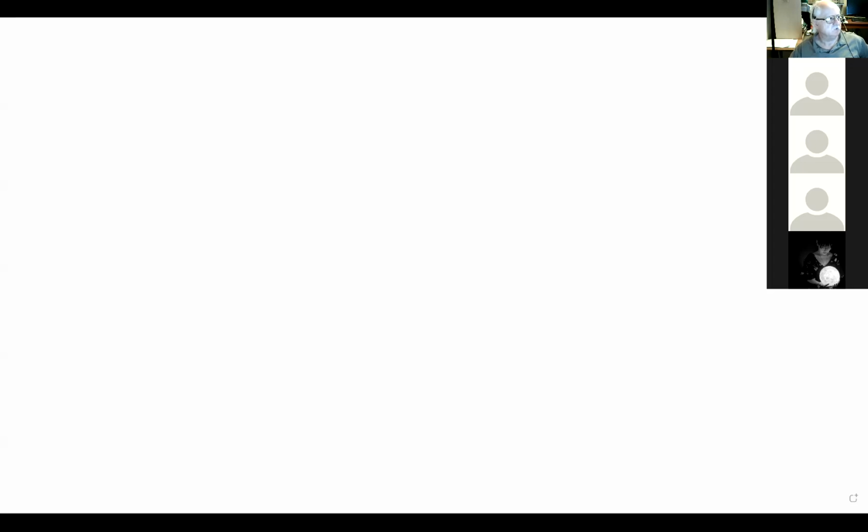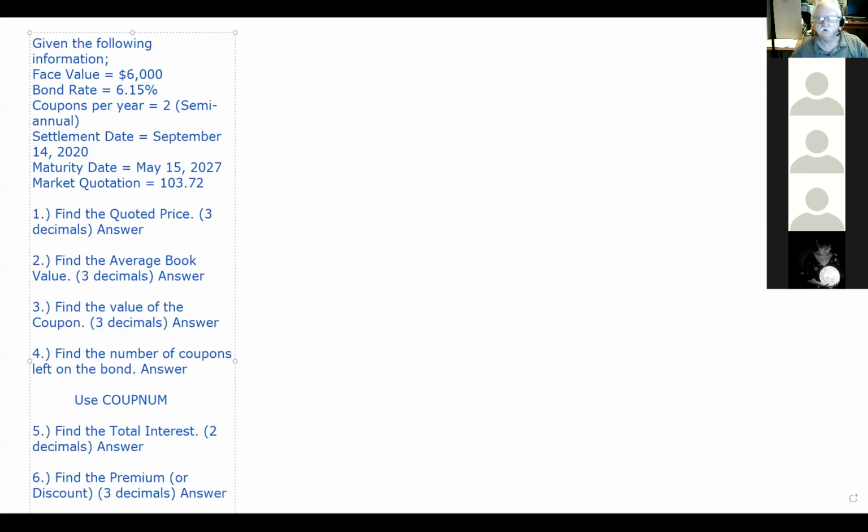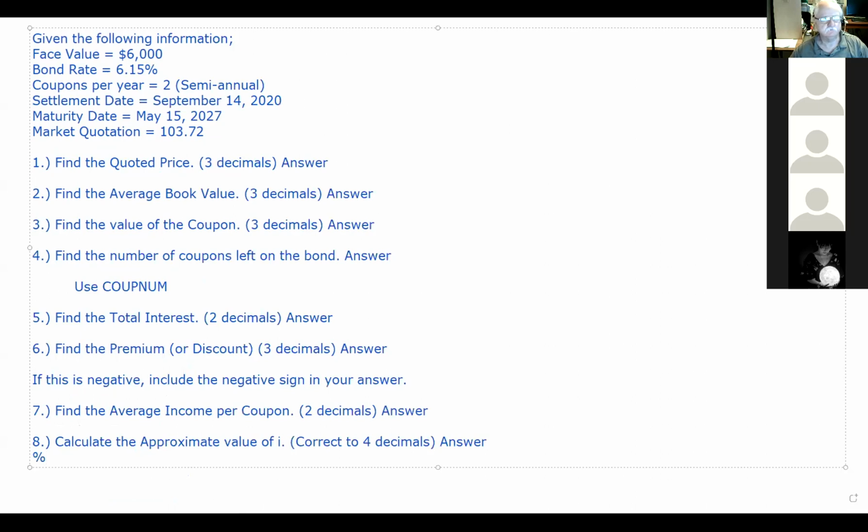Question number 2. So the method of averages. So we have the process. Make sure you have the formula sheet in front of you, because the formula sheet helps tremendously with this list of nonsense that you have to follow.